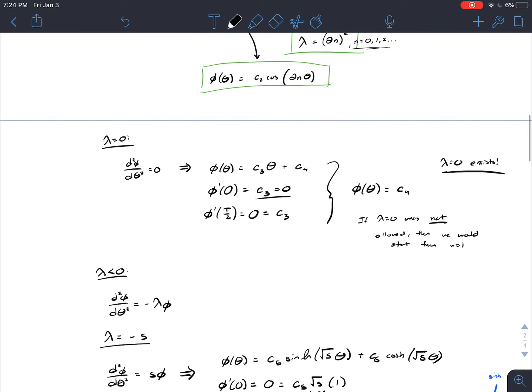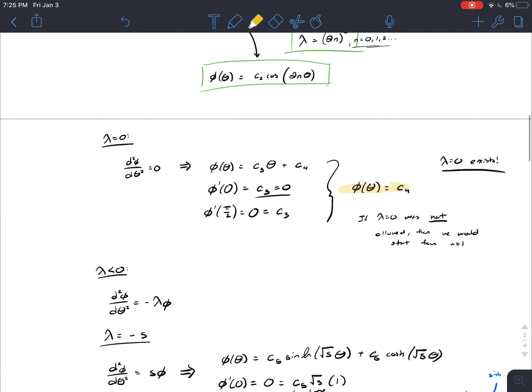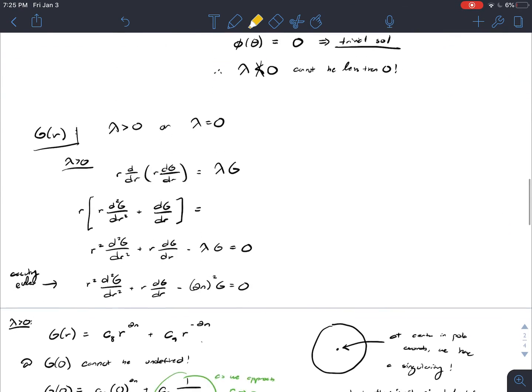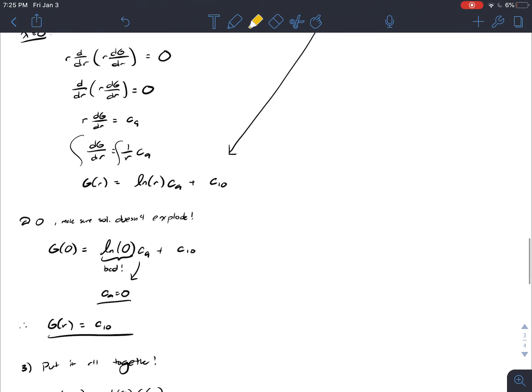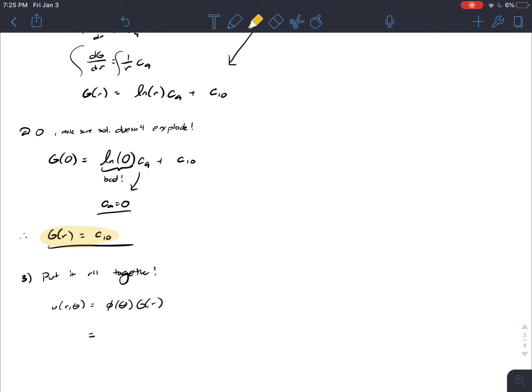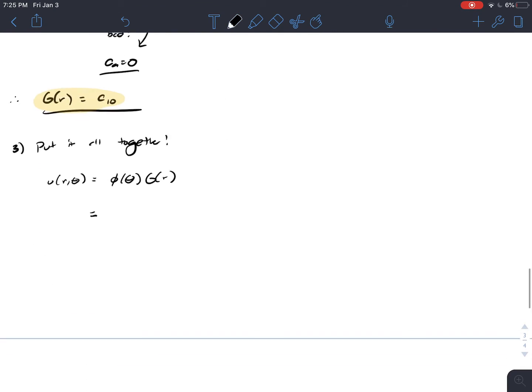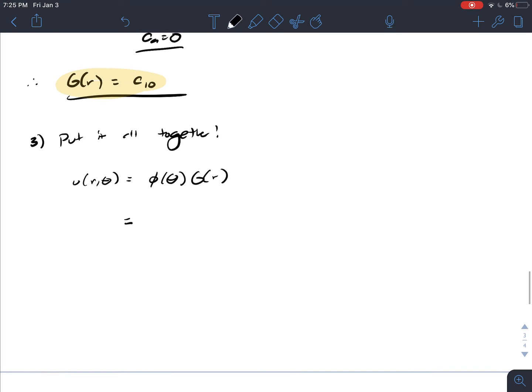At lambda equals 0, our phi function is equal to a constant. And then for lambda equals 0, g is also simply equal to some arbitrary constant. So we're going to combine these two constants together as one big constant called a0. Okay?